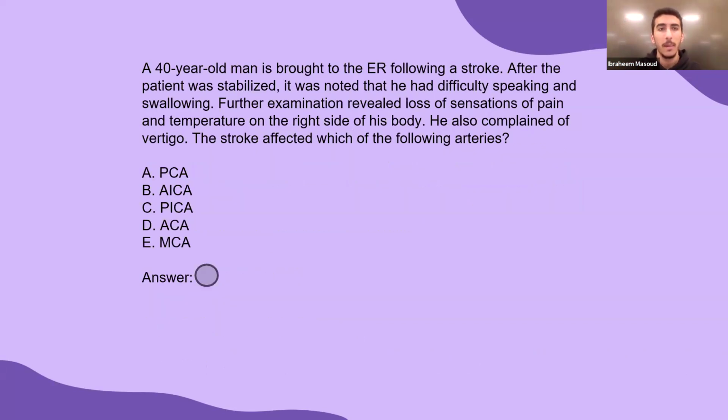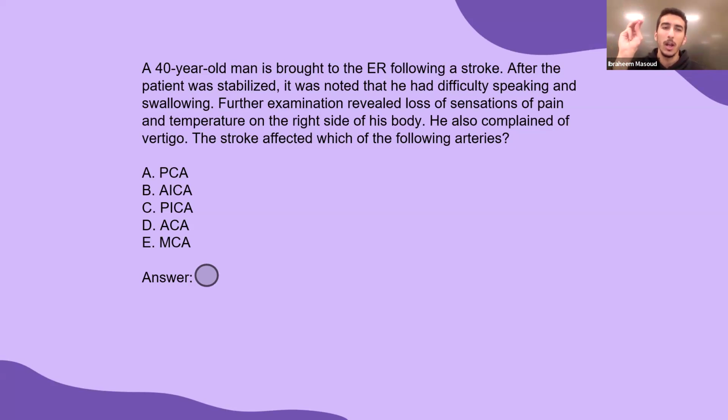Perfect. Okay, someone had a stroke. Speaking and swallowing, sensation of pain and temperature on the right side of the body, and vertigo. Let's go through them one by one. Speaking, swallowing: 9 and 10. Sensation, pain: spinothalamic tract. Vertigo: 8.